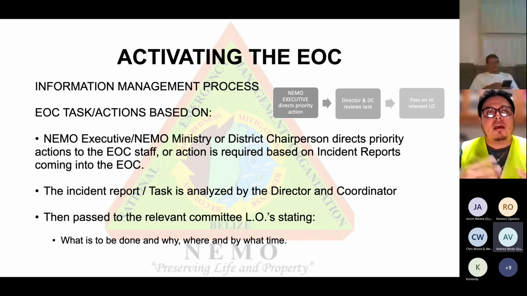Because during an activation you have to know what you're doing, otherwise everybody would be running like a chicken without a head. And you must act quickly, because time is very important in order to save lives.